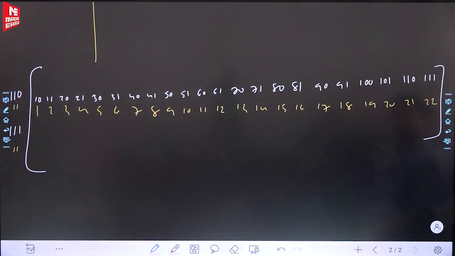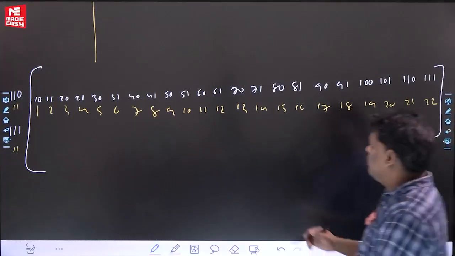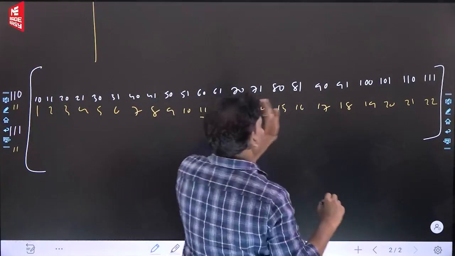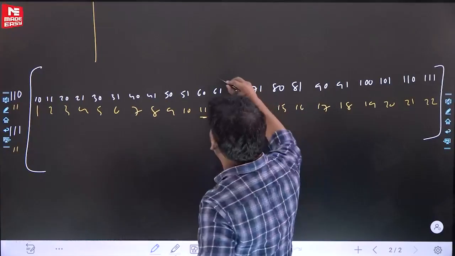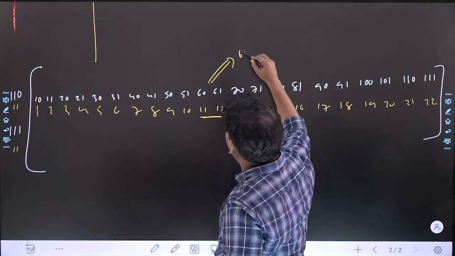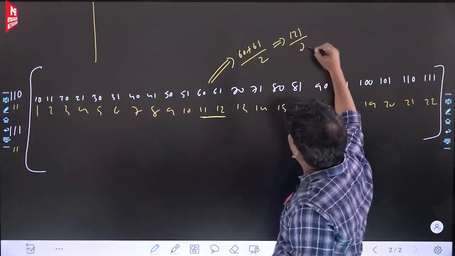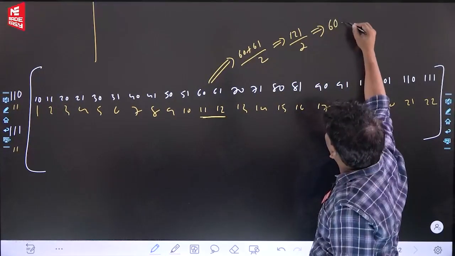It is an even number, so an exact middle is not possible. 22 means 11 and 11, so the middle elements are the 11th and 12th, with 10 on this side and 10 on that side. What is the average of these? 60 plus 61 by 2. The answer is 121 by 2, which is 60.5.